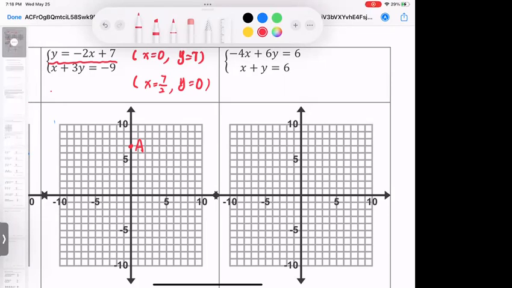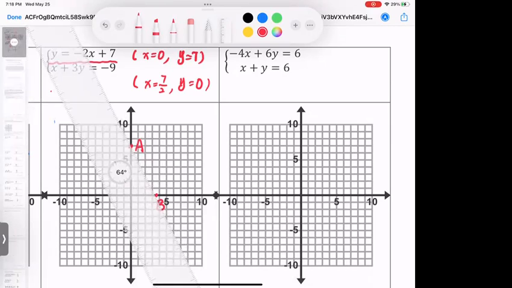Another one is 7/2, which is basically 3.5 and 0. When x is 3.5, here is 3, here is 3.5, right? That is point B. Did you agree with that? Right? And here, these 2 points, connecting these 2 points gives this linear function.